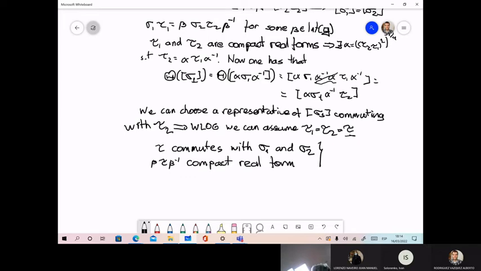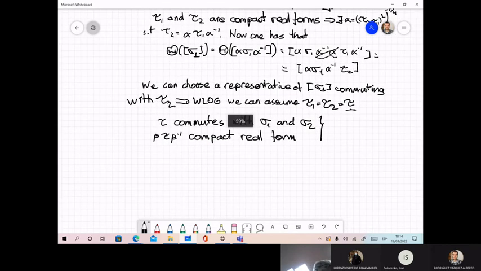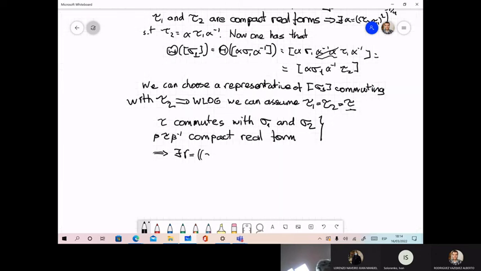And we have the following: since both tau and beta tau beta minus 1 are compact real forms, then there exists a gamma, which is, I don't know right now, I think it's something like this.